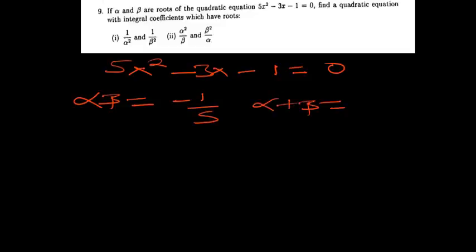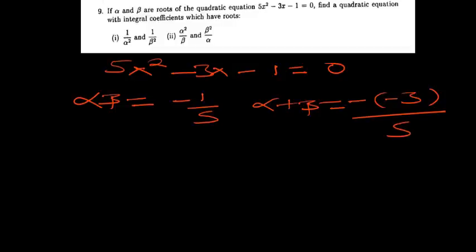Okay, so we can quickly determine the product alpha and beta, which we understand is given as c over a. Our c in this case is -1, our a is 5, and then the summation of alpha and beta, which is of course negative b over a, negative of b, so our b in this case is -3, our a is 5.